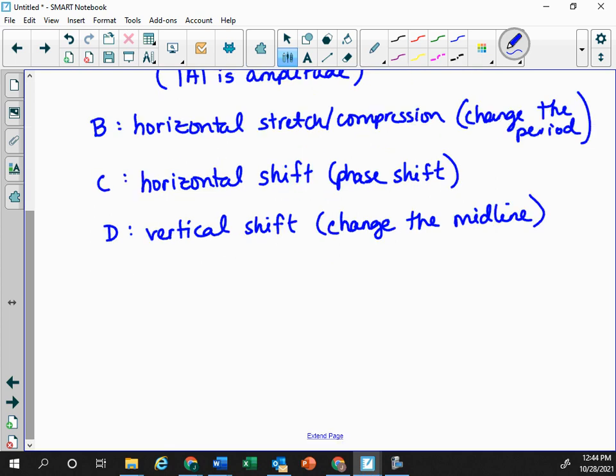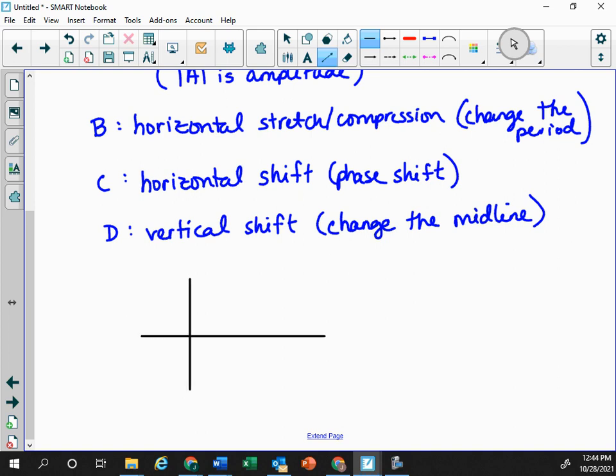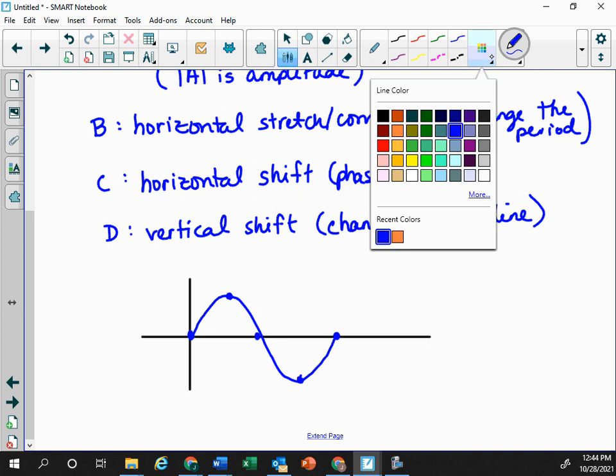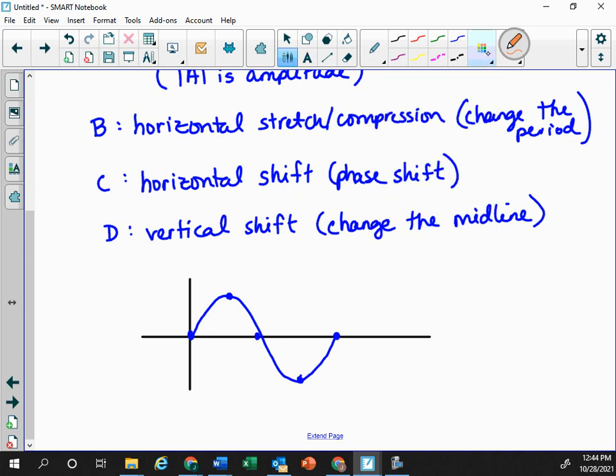All right, guys, let me give you a little picture down here. All right, guys, so right in the middle here, that is your midline.